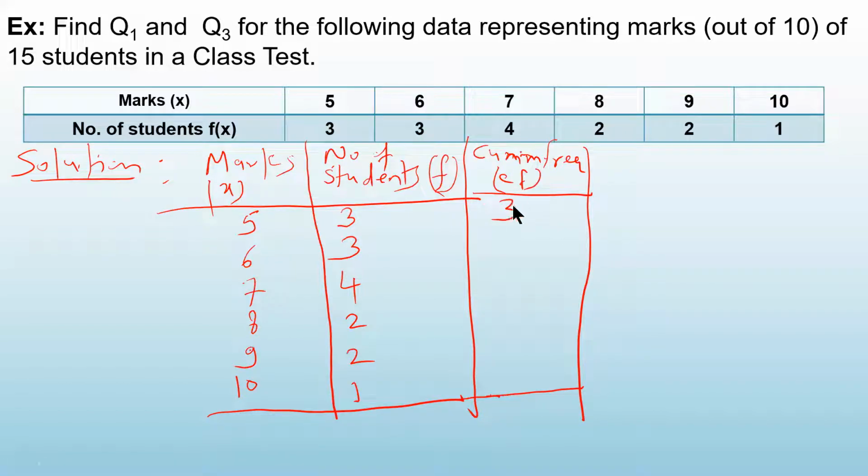For the next, how will you do it quickly? 3 plus 3, so it will be 6. Then 6 plus 4, 10. Then 10 plus 2, 12. 12 plus 2, 14. And 14 plus 1, 15. The last one should be the number of values in the data. So that is 15 students' data, correct? So this last one should be your N. So the first step is to find the cumulative frequency. What is the second step?